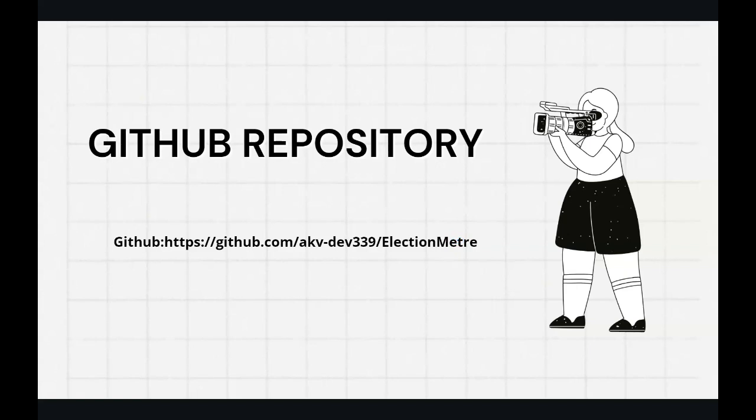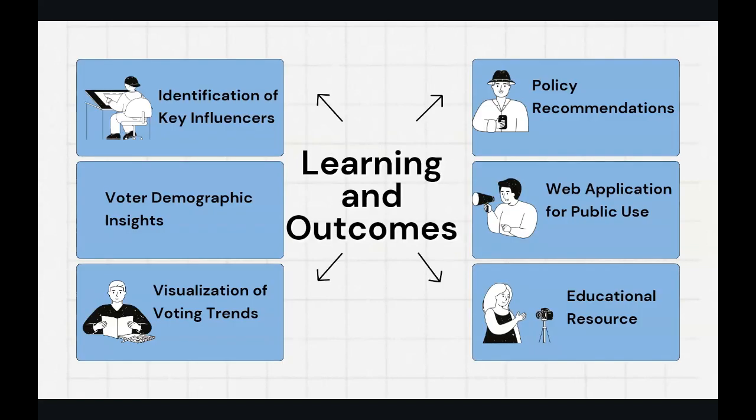So moving to the last parts of this video, it's the very important part, the learning and outcomes, what we get from this project. First is identification of key influencers, where it means to determine how newly added and deleted voters influence election outcomes at booth level, and also to identify specific booths where voter changes had the most significant impact.